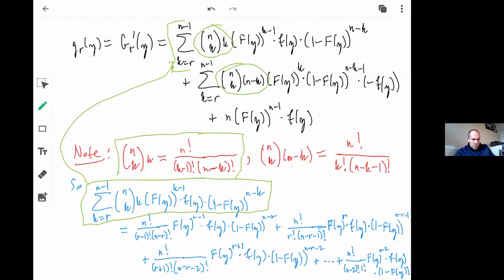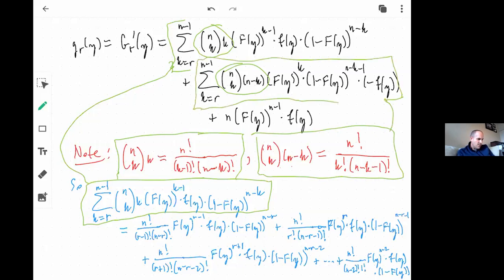So the first term, if I take k equal to r, is just going to be n factorial over (r minus 1) factorial times (n minus r) factorial times whatever you get if you plug in k equal to r. And we just go on through and we get all of these summands. And similarly, I'm going to take this second formula right here and use it in this second sum right here, and that's going to happen on the next slide.